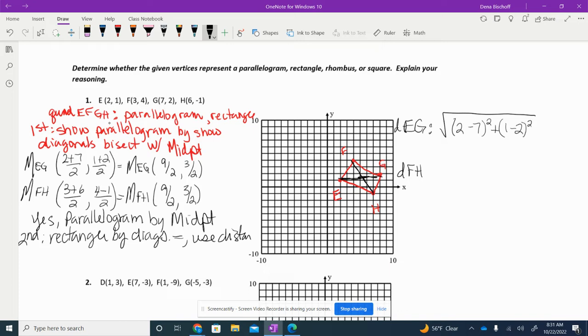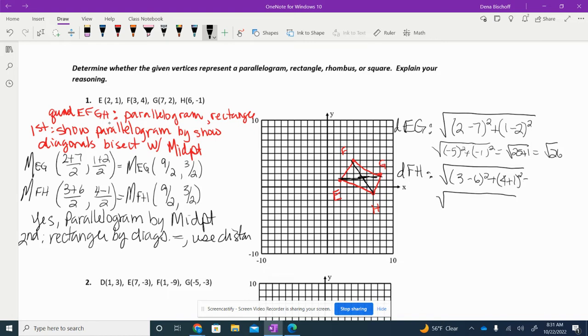So 2 minus 7 is negative 5. Negative 5 squared plus 1 minus 2 is negative 1, quantity squared. Well, negative 5 squared is 25, plus 1 is 26. I'm getting ahead of myself. So this is the square root of 26. Let's check the distance of diagonal FH. The x coordinates, 3 minus 6, the quantity squared, plus the y coordinates, 4 minus a negative becomes plus 1, the quantity squared.